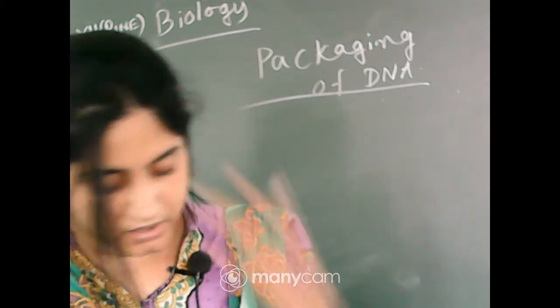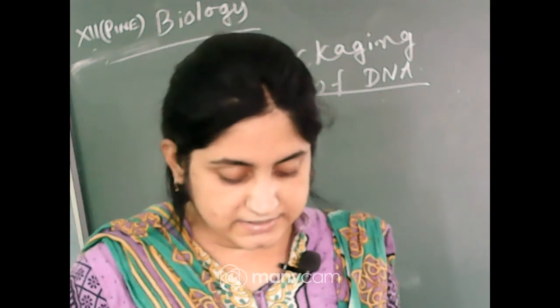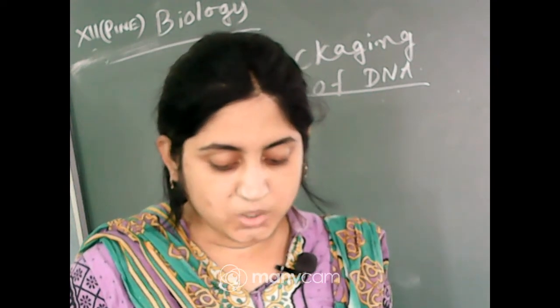The length of the DNA double helix in a typical mammalian cell is calculated simply by multiplying the total number of base pairs with the distance between two consecutive base pairs.